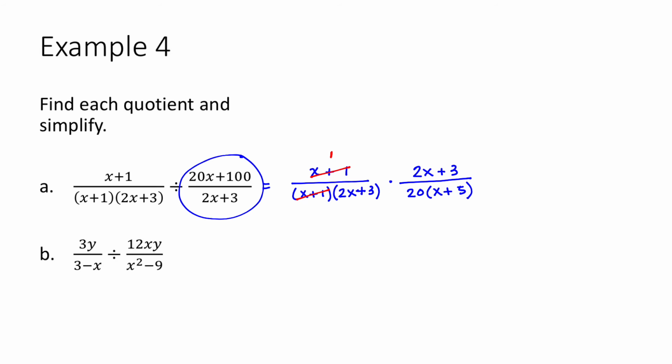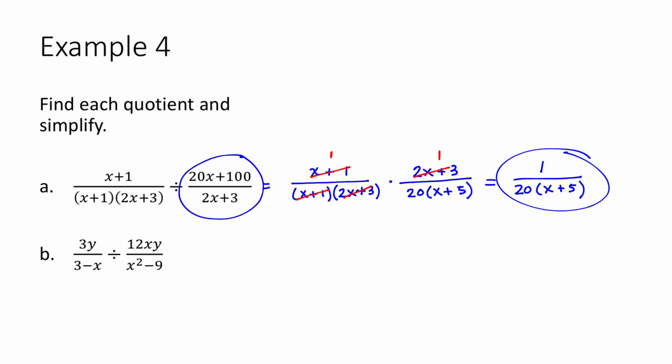And let's see, okay. 2x plus 3 cancels with 2x plus 3. Leaves me with a 1 in the numerator. So, my final answer, I just have a 1 in the numerator. And 20 times x plus 5 in the denominator. And that's my answer.